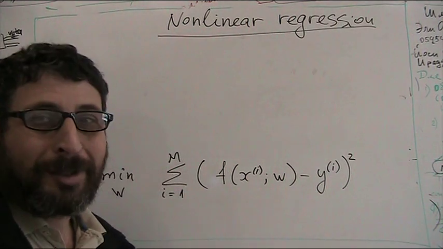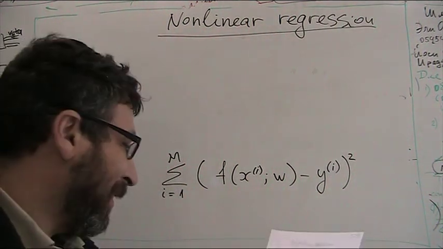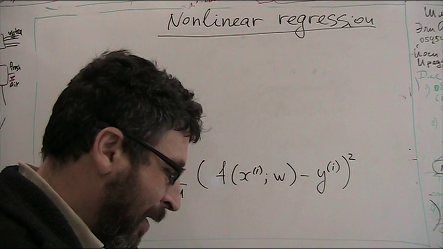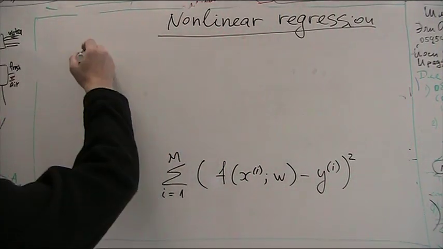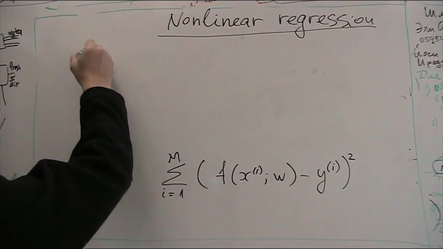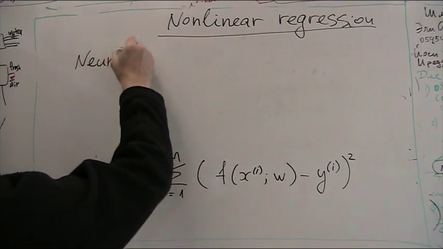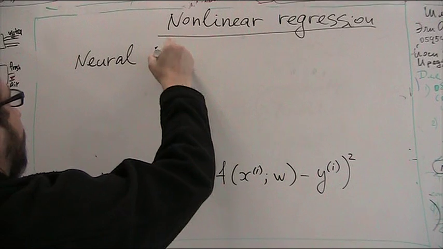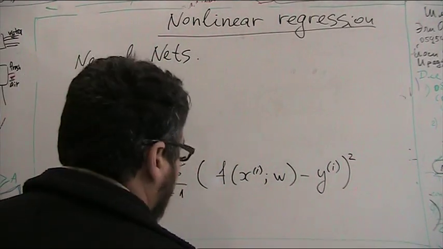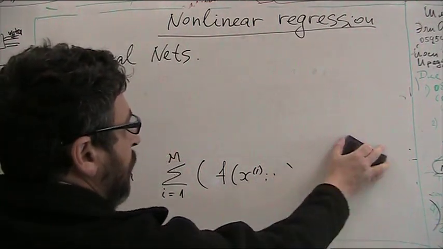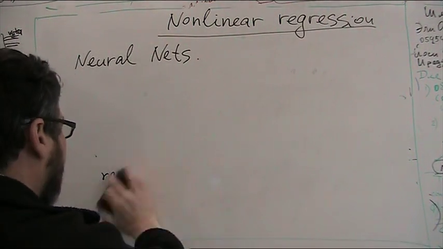An important case of nonlinear regression are so-called neural networks. Let me show you this example.